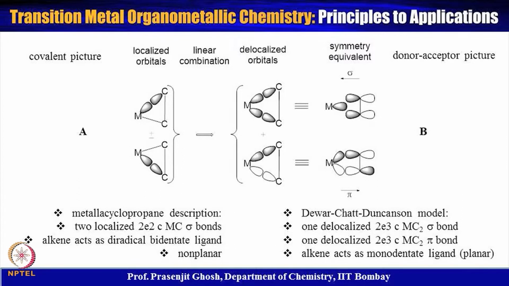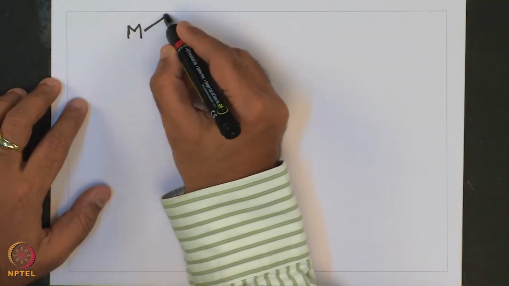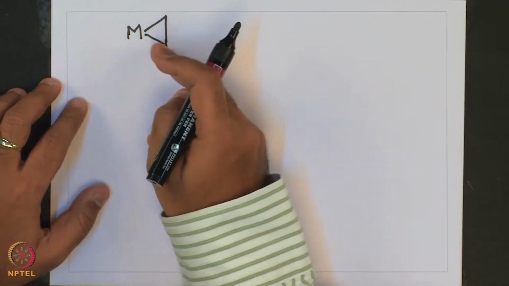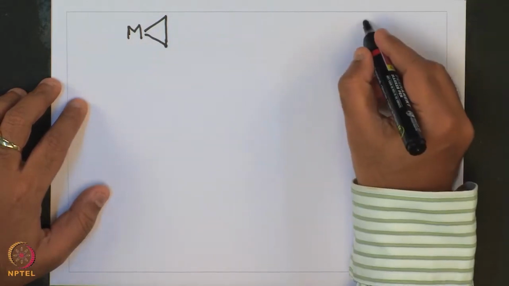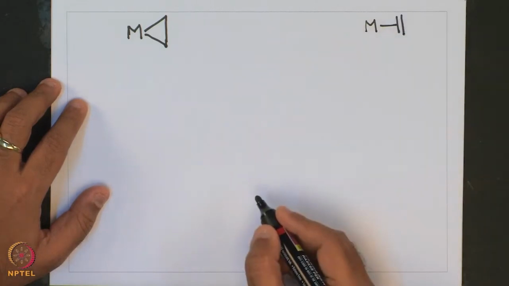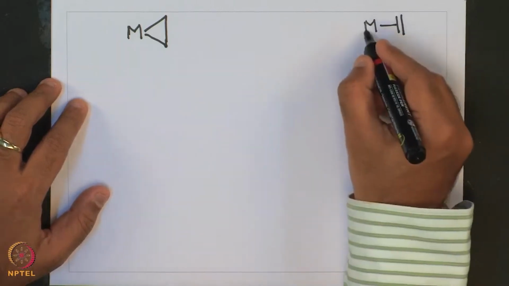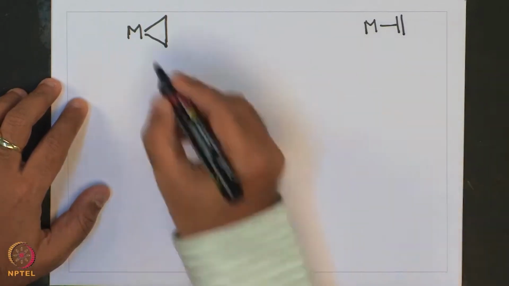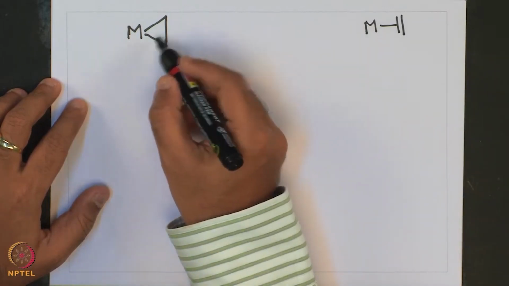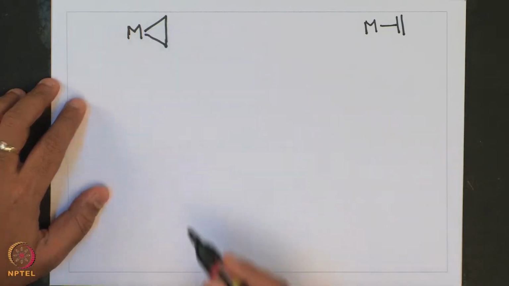Now, one can conceive of the metal olefin bond to be of 2 types. One is the metallocyclopropane ring where there are 2 covalent bonds, and the other extreme can be the olefin attached to the metal where the olefinic double bond is retained. In the first, the olefinic double bond is completely lost, and in its place 2 metal carbon bonds have been formed.